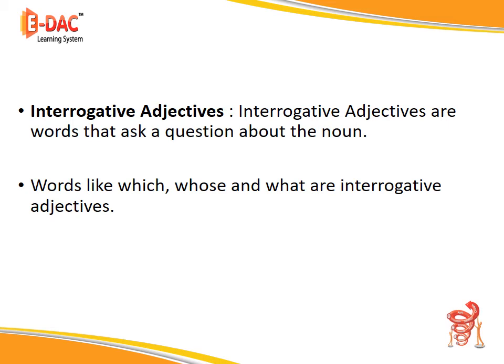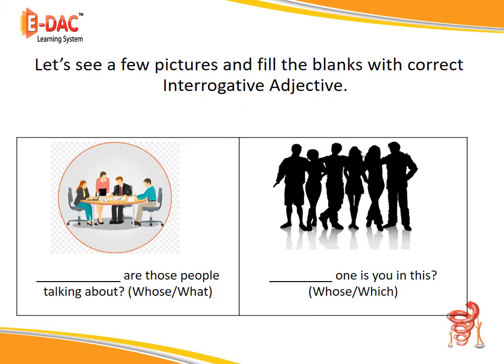Interrogative adjectives. Interrogative adjectives are words that ask a question about the noun. Words like which, whose, what are interrogative adjectives. Let's see a few pictures and fill the blanks with correct interrogative adjectives.